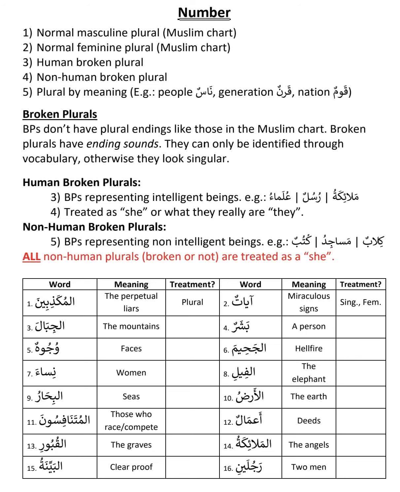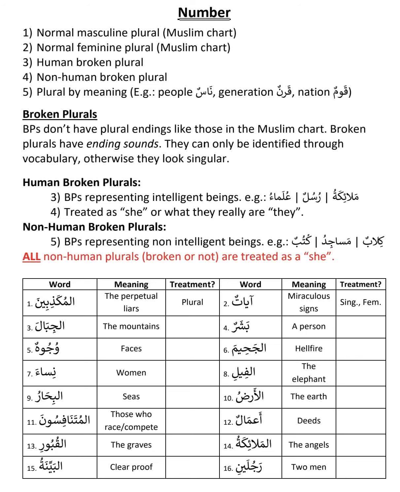So how it works is, for example, we can say Rasul. Rasul, we can put in the chart: Rasulun, Rasulan, Rasulin, Rasulani, Rasulaini, Rasuluna, Rasulina.